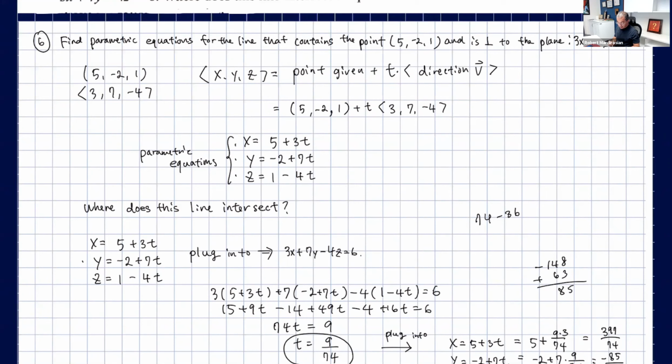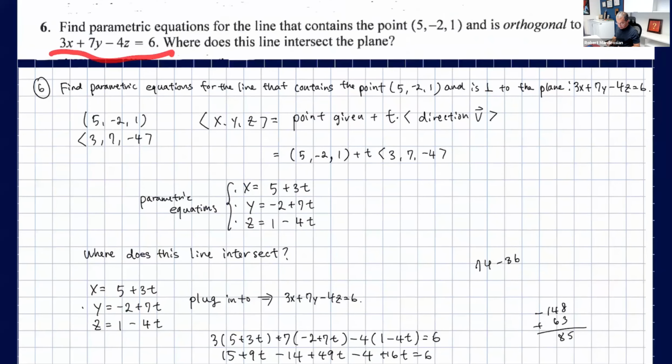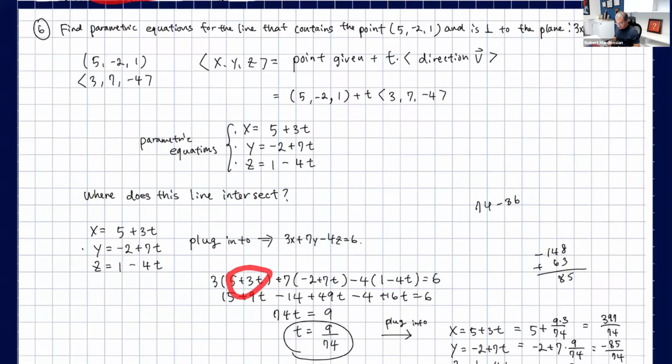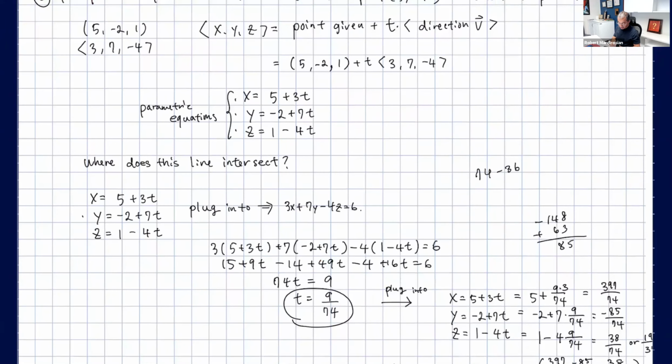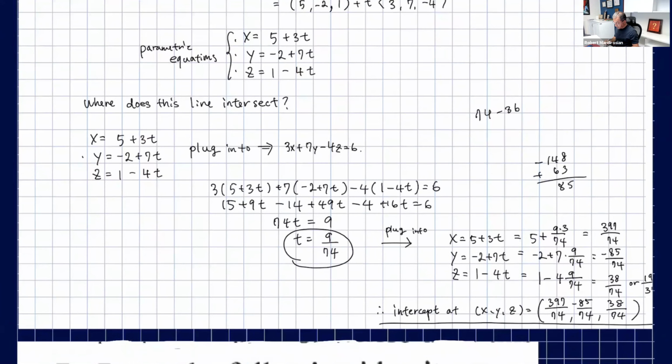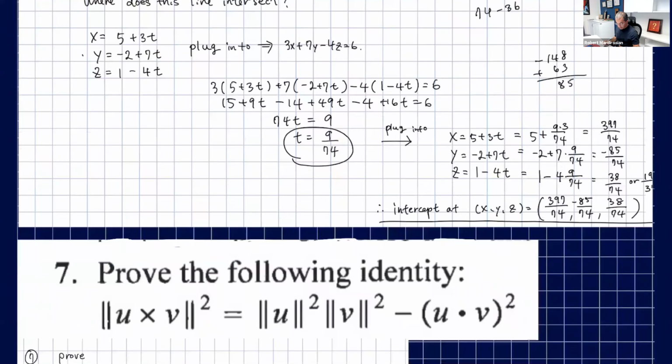You can go to the plane and substitute the expressions for x, y, and z, and solve for t. Once you solve for t, you come back to this equation and substitute t. If you do that, you get those numbers. They're kind of big fractions, but that's where the plane and the line intersect.